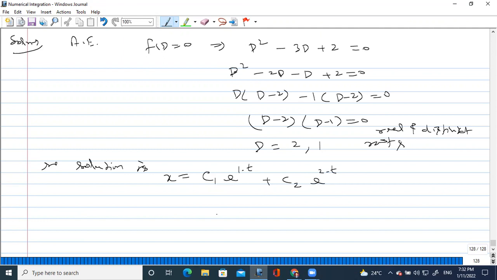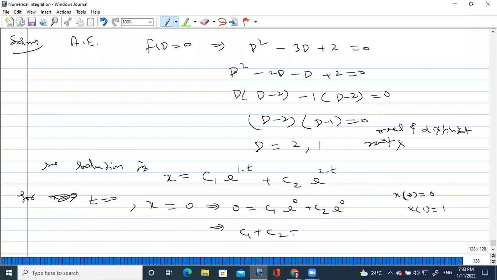Okay. So now you have to apply boundary conditions. What are the boundary conditions? x(0) equal to 0, x(1) equal to 1. These are the two boundary conditions. For t equal to 0, x is equal to 0. So this implies 0 equals C1 e to the power 0 plus C2 e to the power 0, which implies C1 plus C2 is equal to 0.